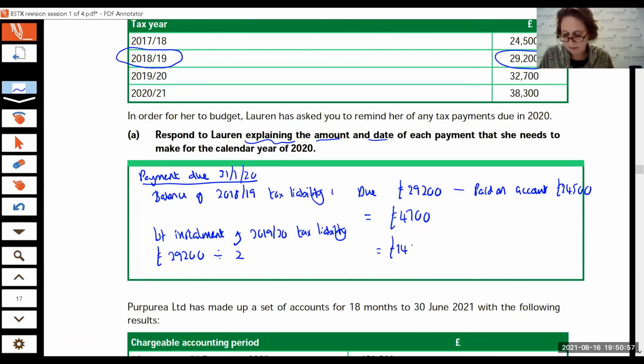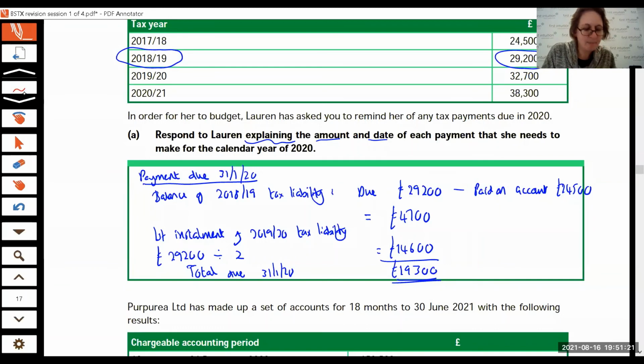So 14,600. So the total due for January 20 is 19,300. And I've run out of room again. I think my writing's just too big.